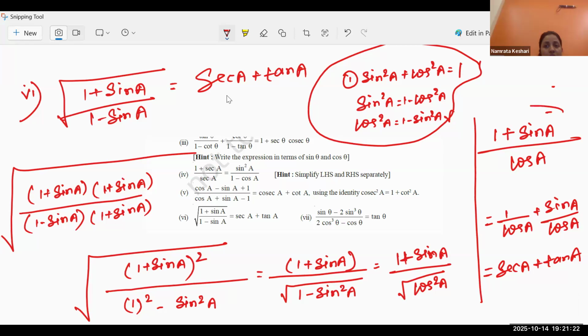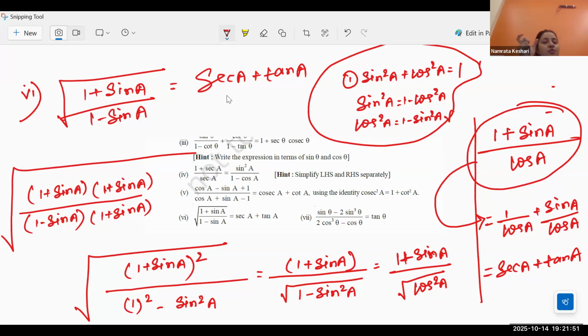See here, 1 plus sine a by cos a, very often we are separating the term, right? 1 by cos plus sine by cos, yes or no? The formula is sec square theta minus tan square theta equals 1. Two more versions of this formula are there, which you also know.